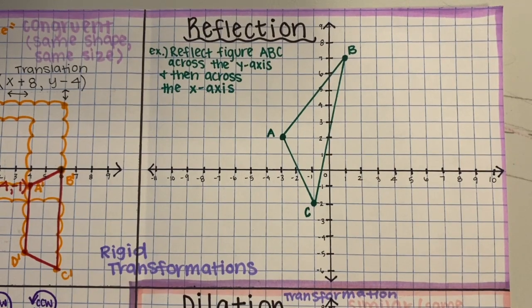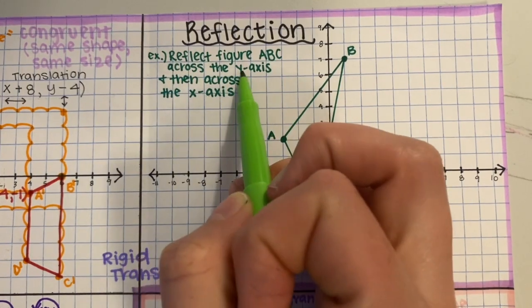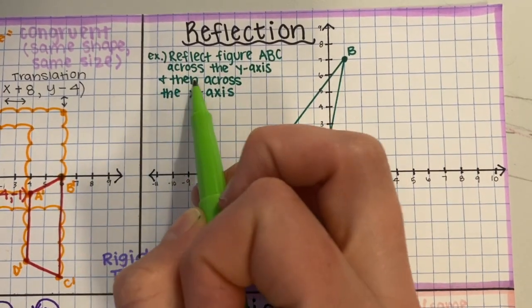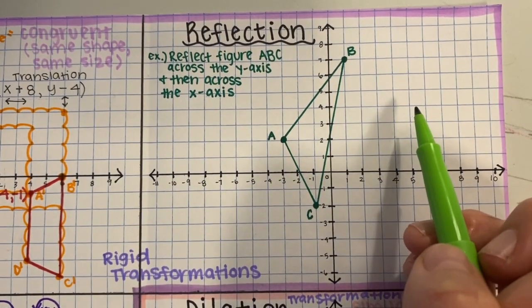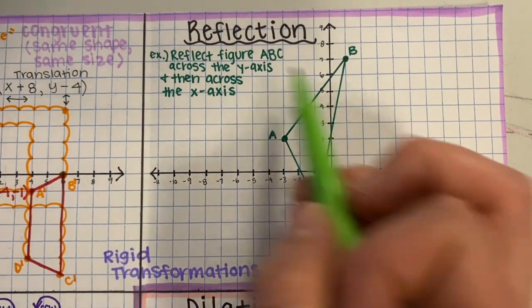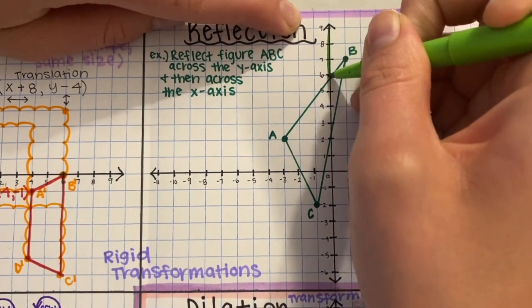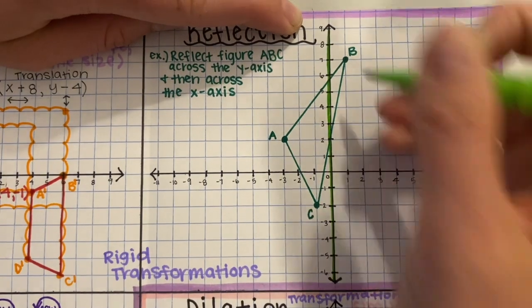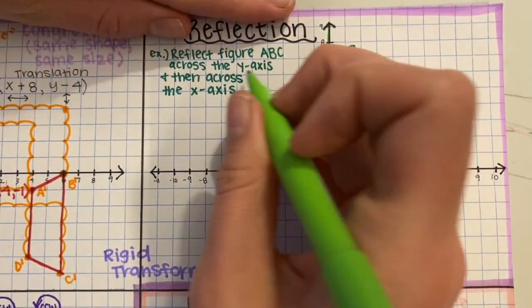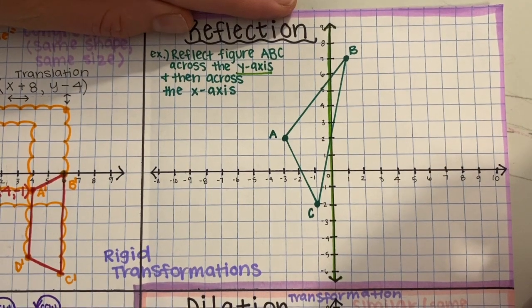So my first step here says reflect figure ABC across the y-axis and then across the x. So what I'm going to do in order to reflect this image across the y-axis is I just need one coordinate at a time to count how far it is away from the y-axis, because that's what we're doing first, and put it that many spots on the other side of y.